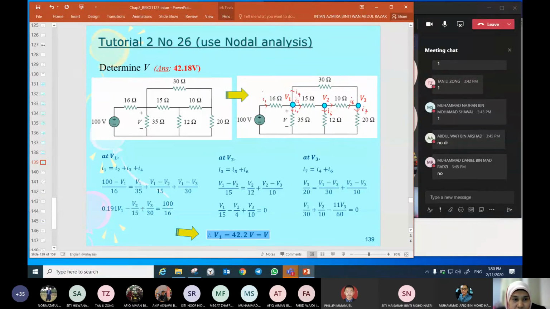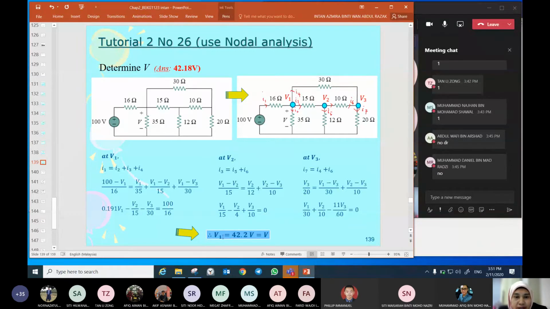Let's say for this term, you must key in minus 1 over 15. At the end you will get V1 is 42.2, V2 is, I do not display the V2 here, and then V3.